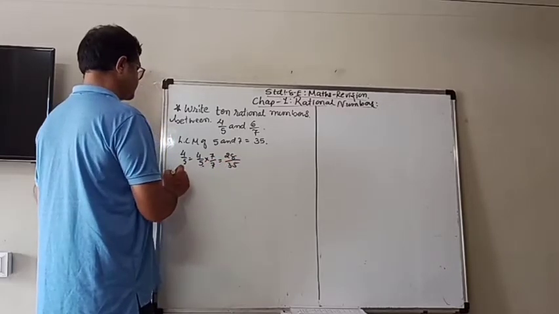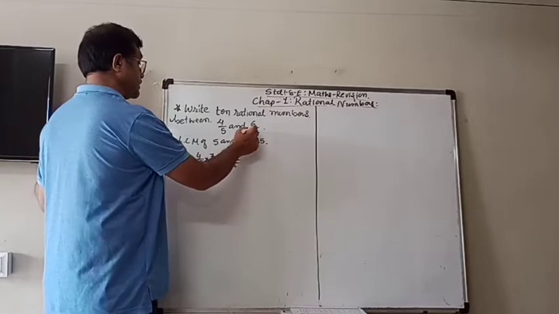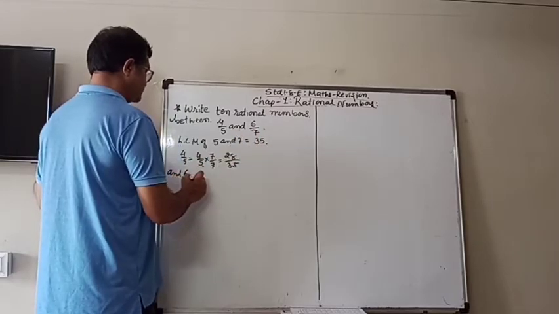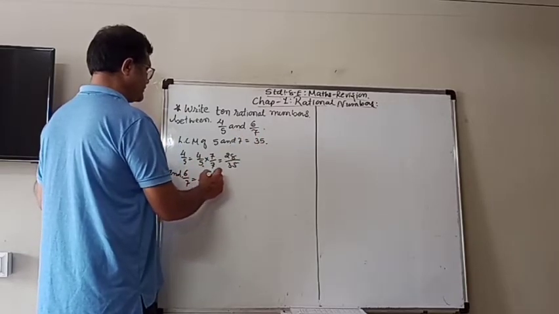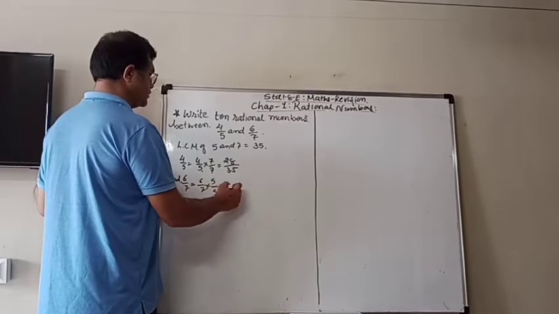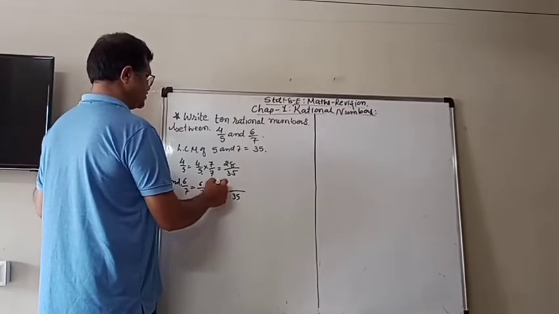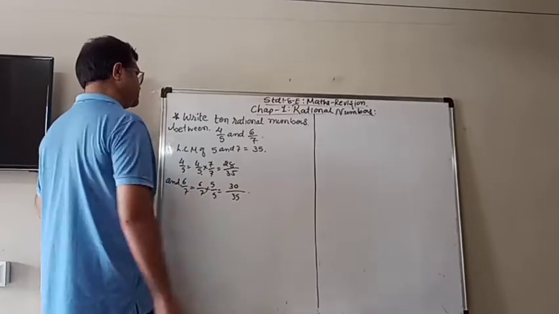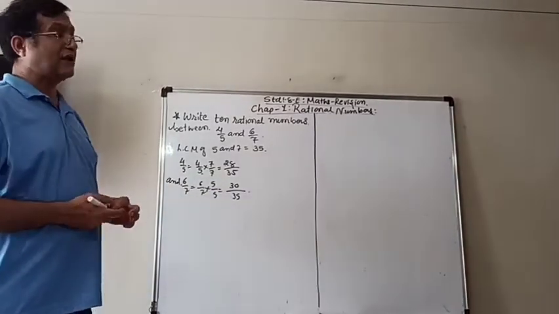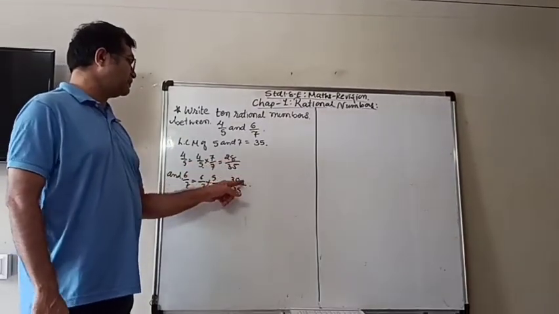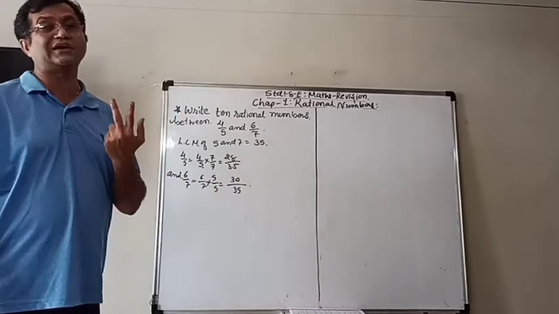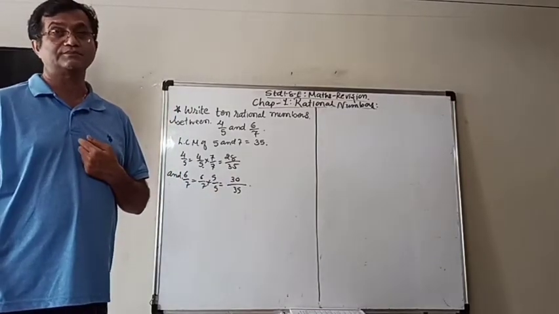And 6 upon 7, we have to multiply by 5 upon 5. So that 6 5s are 30 upon 35. Now you can see that between 28 and 30 there is only one rational number.